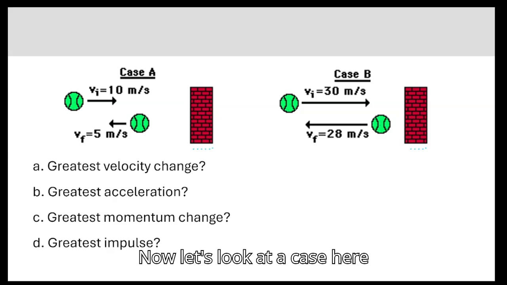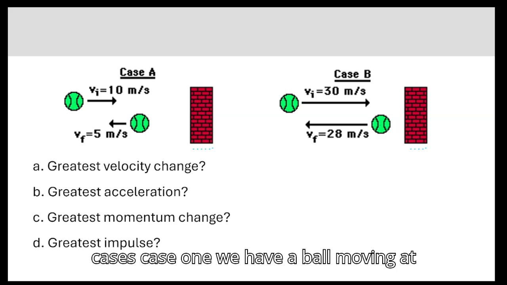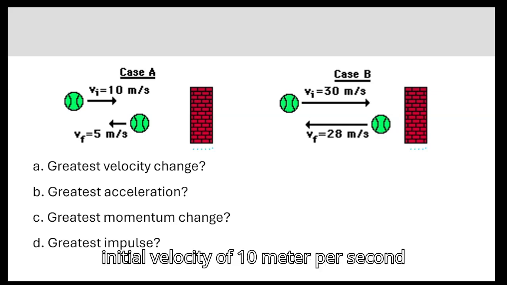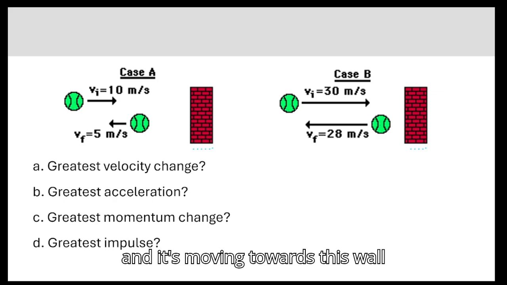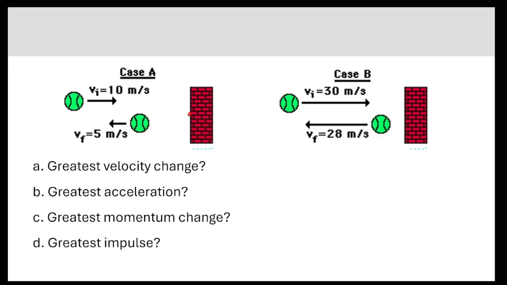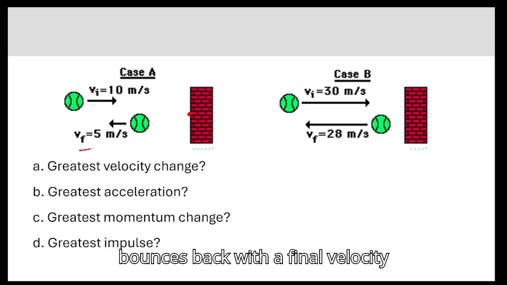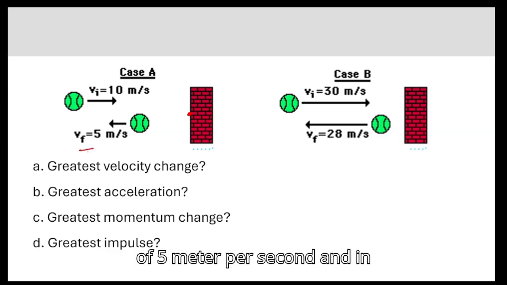Now let's look at a case here. We have two cases. In case 1, we have a ball moving at an initial velocity of 10 meters per second towards this wall, and once it hits the wall it bounces back with a final velocity of 5 meters per second.